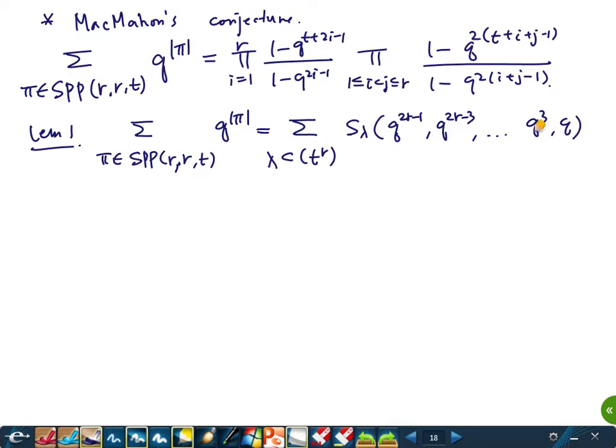You only consider odd integers like this. Proof. Okay, I need to draw some diagram.